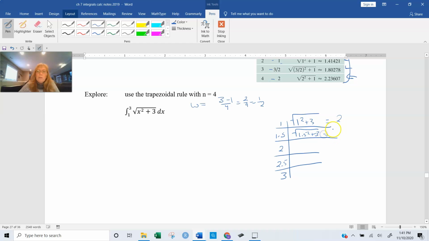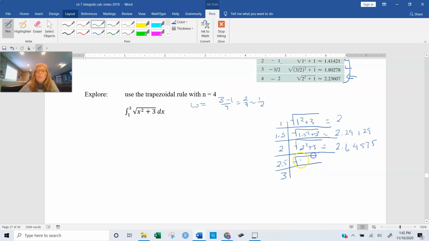And you should have gotten 2.29129, square root of 2 squared plus 3, or the square root of 7. You should have gotten 2.64575. If you round too soon in this, you'll get the wrong answer. So always go out at least 4, but preferably 5 decimals.